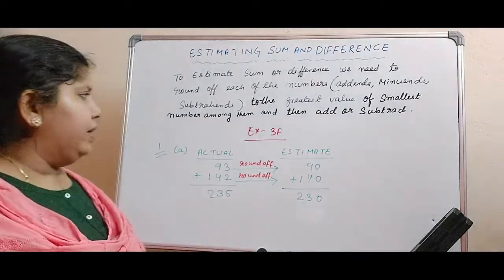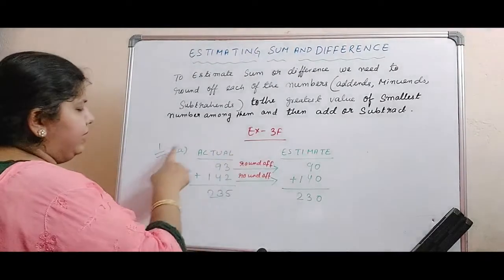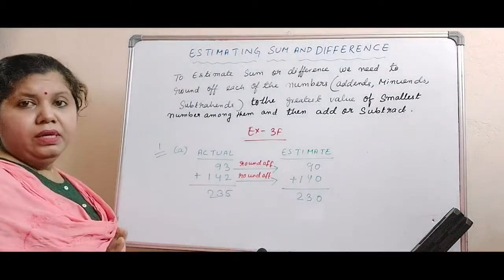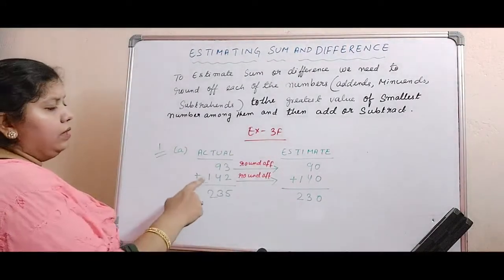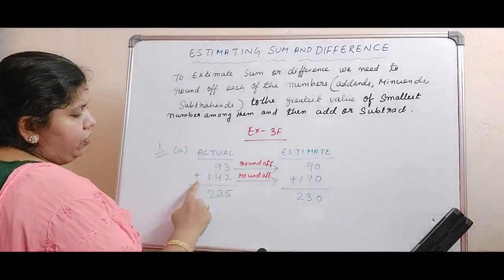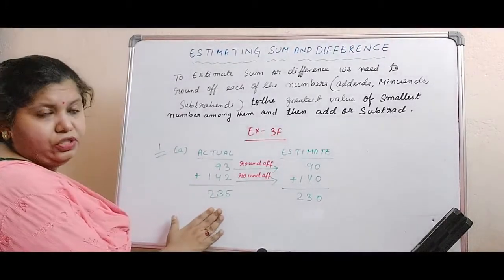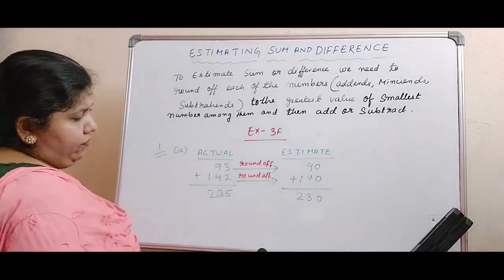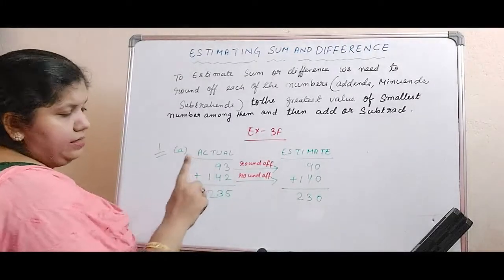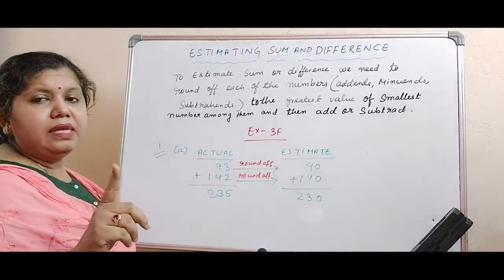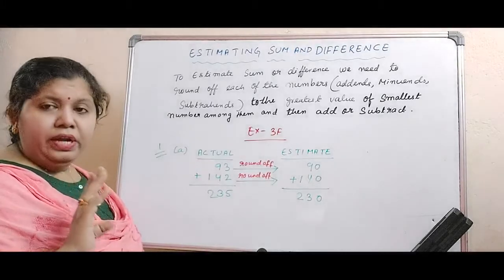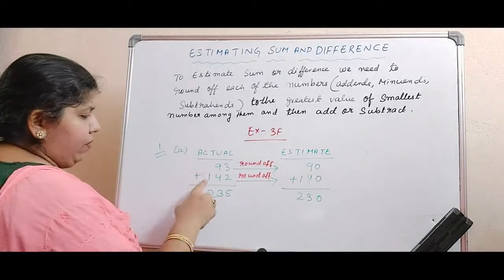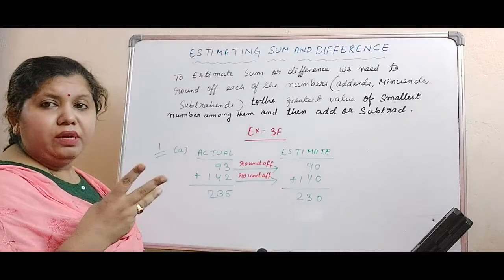For example, I have done exercise 3F, question 1, part A. If I add 93 plus 142 I get 235, the normal addition. Now see how the rounding is done. 93 is the smallest number and it is only a 2-digit number, while 142 is a 3-digit number.